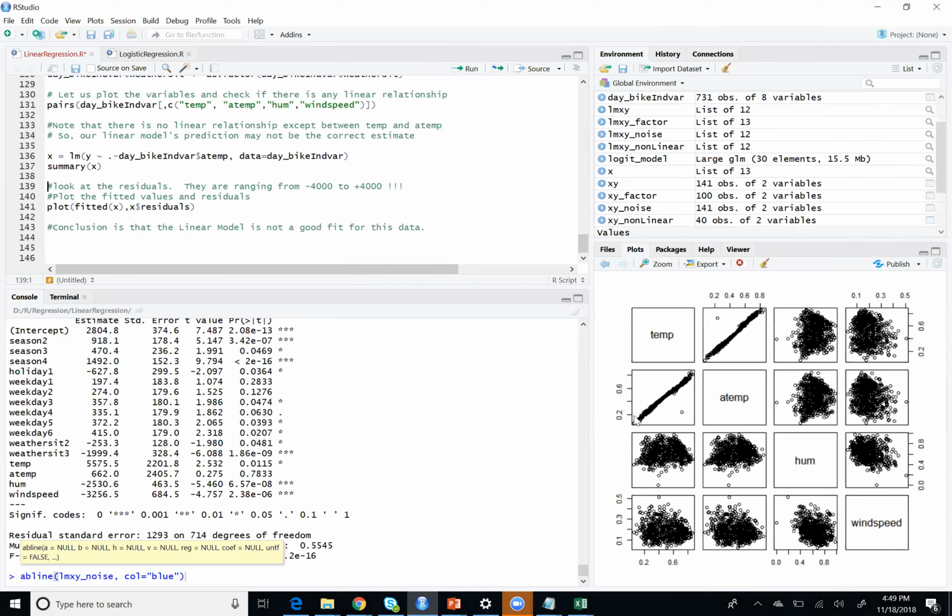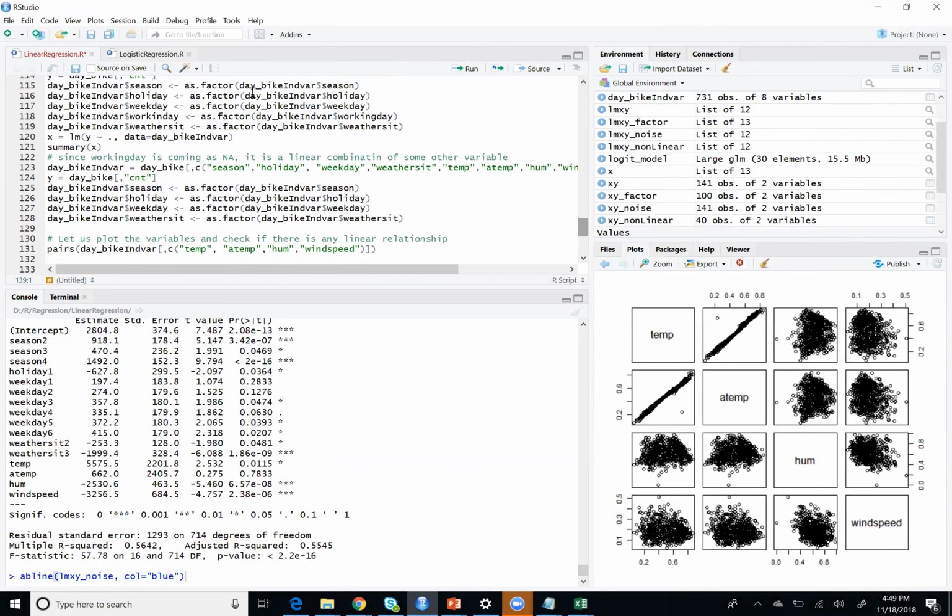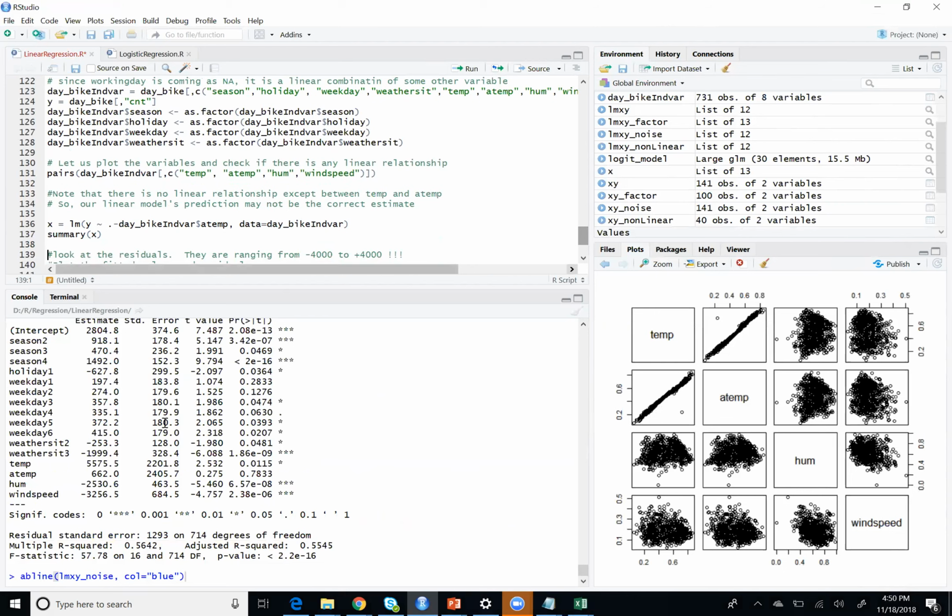But you can use both continuous and discrete values. The only thing is for discrete values, you use the term as.factor so that you clean the data first into a format which our algorithm understands. And then you fit the model. Once you look at the summary results, you can find which ones can be avoided and which ones can be used to improve the results.